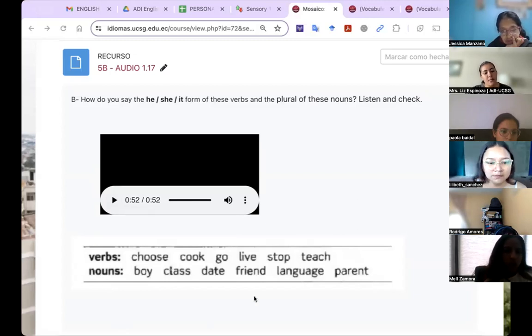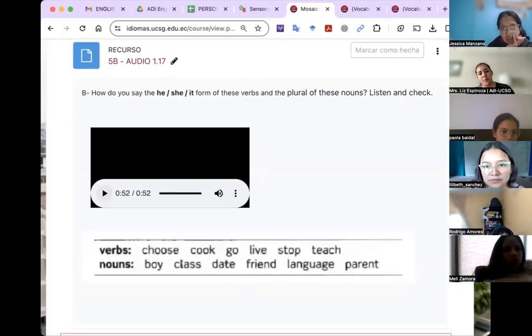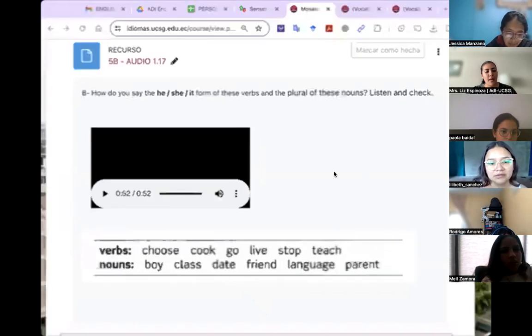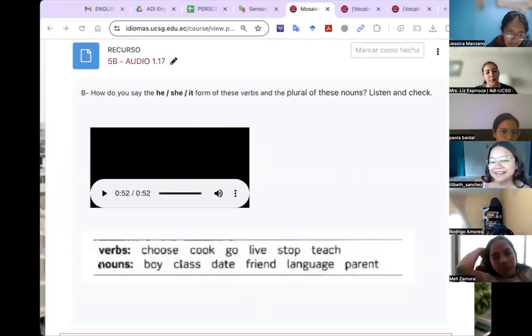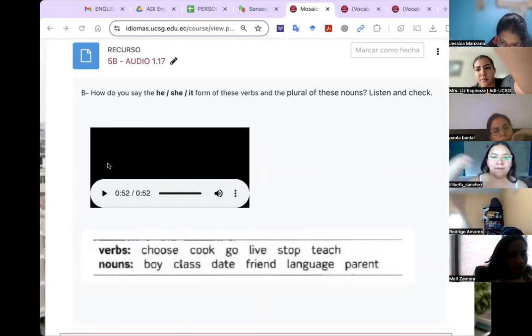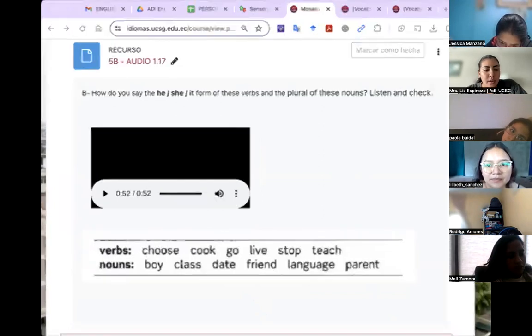Okay. We have pictures. Yes. Nouns. Boys. Classes. Yes. Then date.